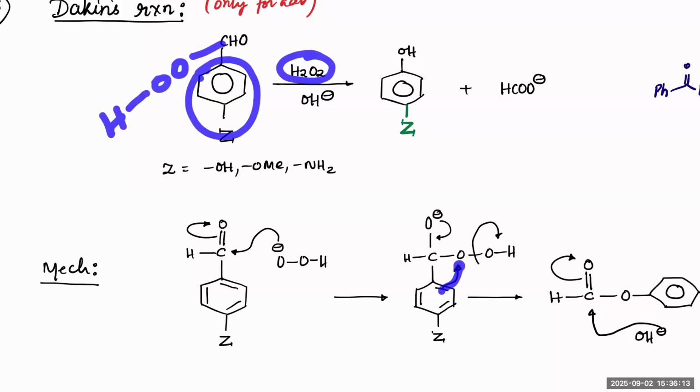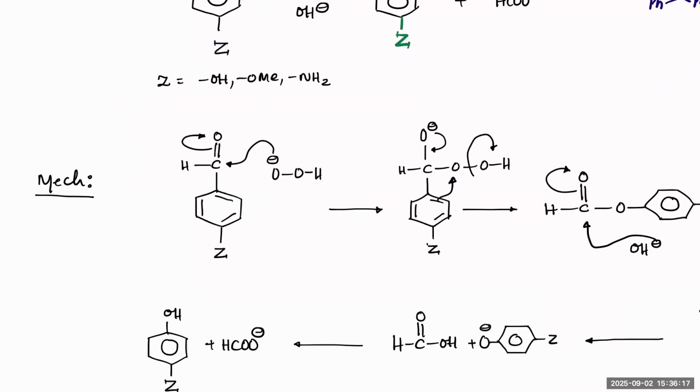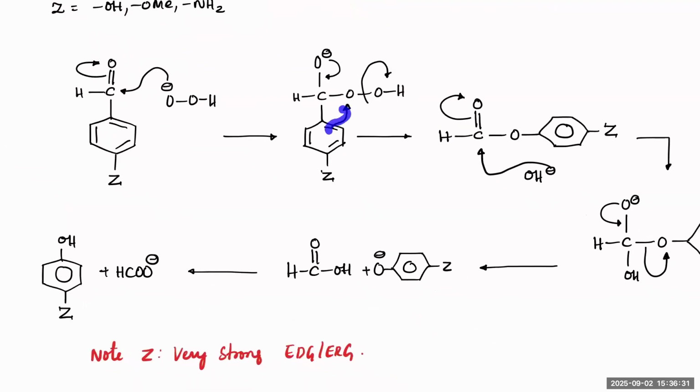Phenyl has to be migrated. Now the phenyl migration depends on whether you have Z groups which are strongly withdrawing or strongly donating. So you need to have a strongly donating group like OH, OMe, and NH2. Then only these reactions will take place. As this group migrates here, you will get this as keto form.